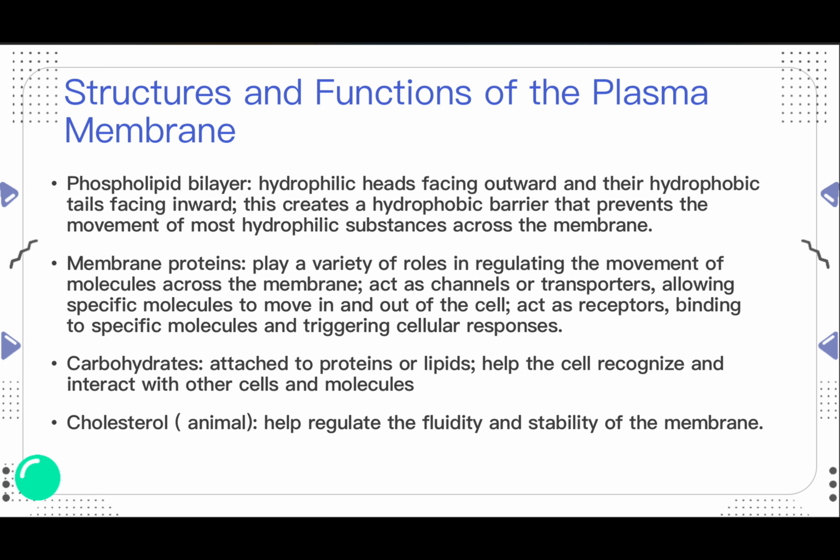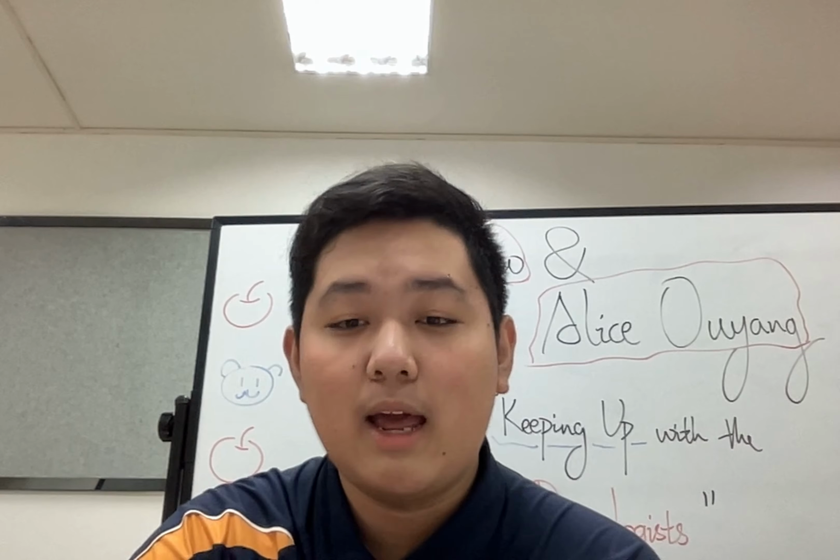And second is the membrane proteins. Embedded within the phospholipid bilayer are various types of membrane proteins, which play a variety of roles in regulating the movement of molecules across the membrane. Some proteins act as channels or transporters, allowing specific molecules to move in and out of the cell, while others act as receptors, binding to specific molecules and triggering cellular responses.